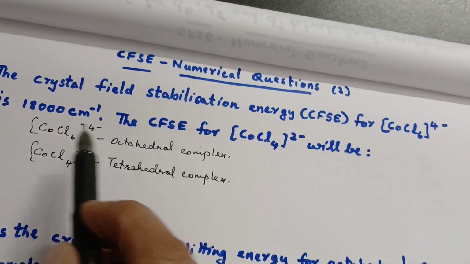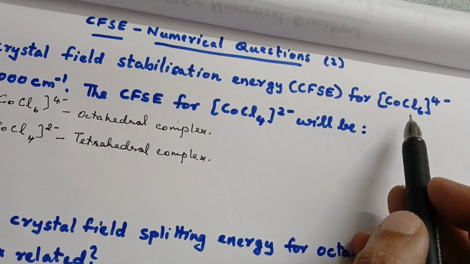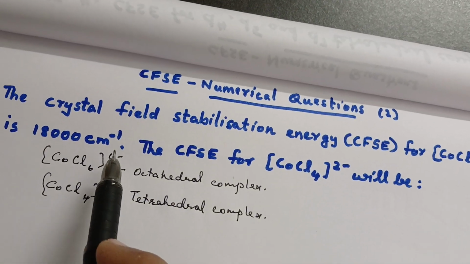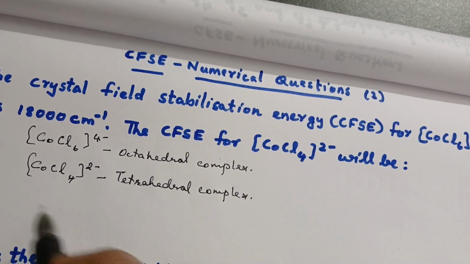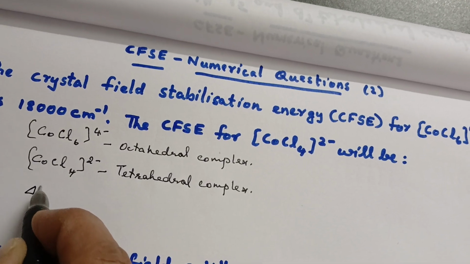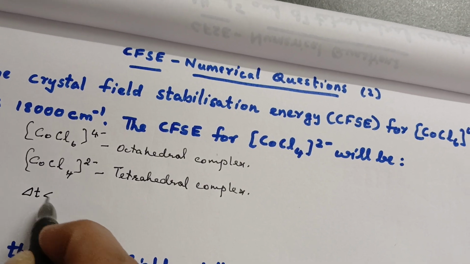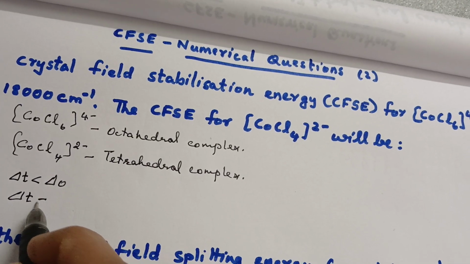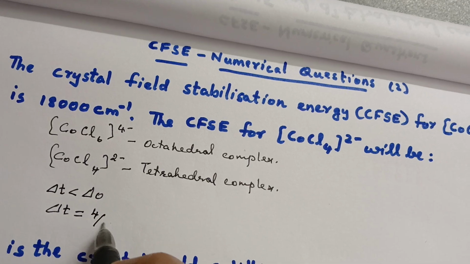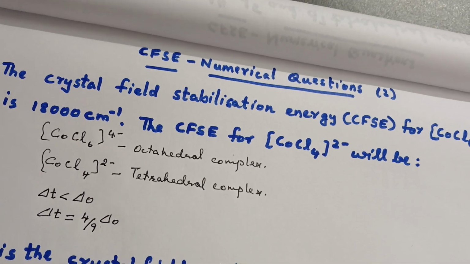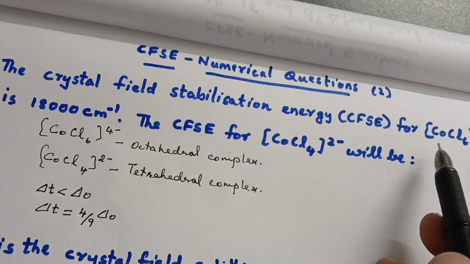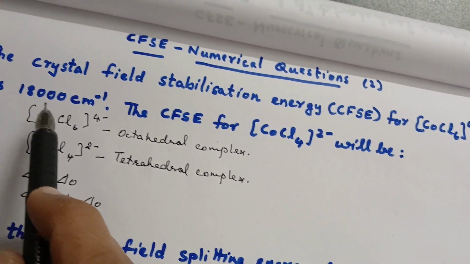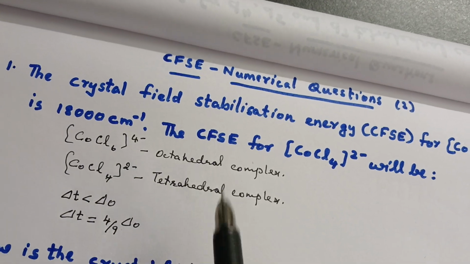The CFSE of CoCl6 4 minus is given as 18,000 centimeter inverse. We know this relation, that is, delta T is less than delta O and delta T is equal to 4 by 9 of delta O. So the value which we are given is delta O, that is 18,000 centimeter inverse.